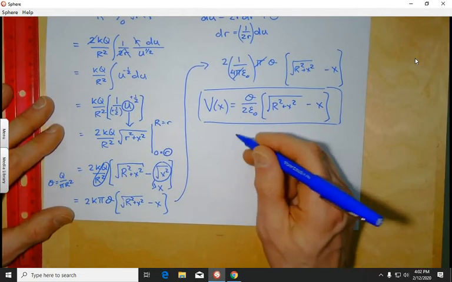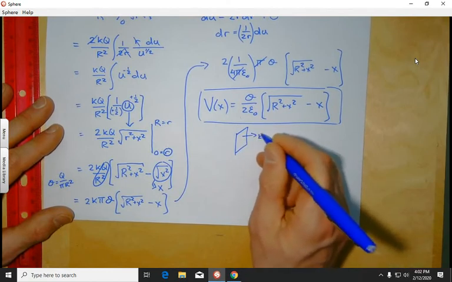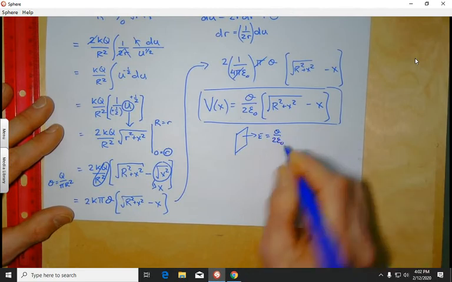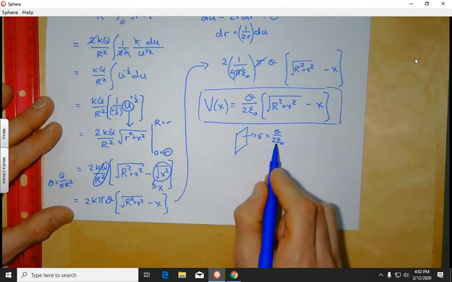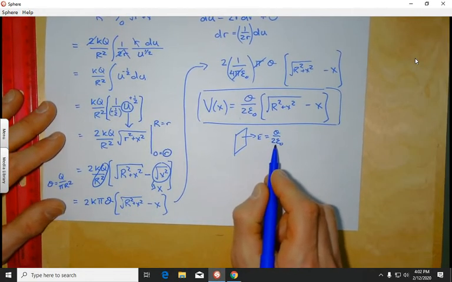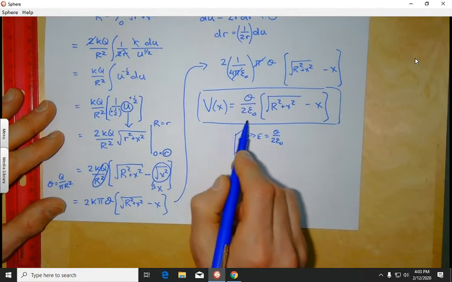If you recall, for an infinite sheet of charge, the electric field was given by that term. Okay? And so that should make you think, well, that's interesting, because the disk isn't infinite, but it is kind of like a sheet. It's a two-dimensional plane. And so we're getting this term that's popping up in here.